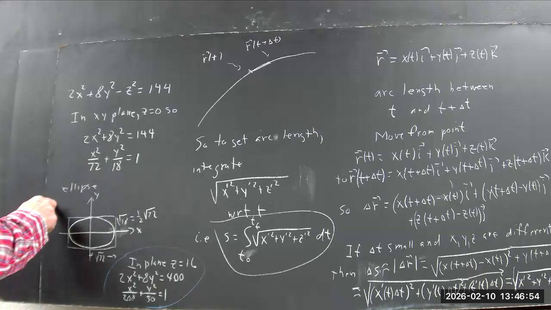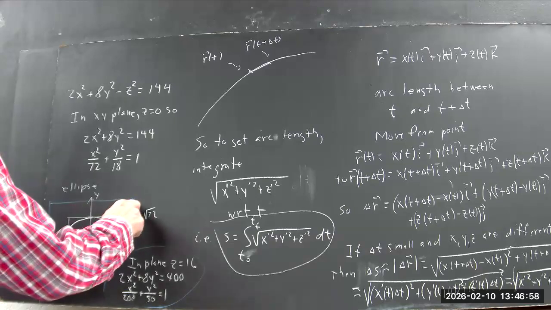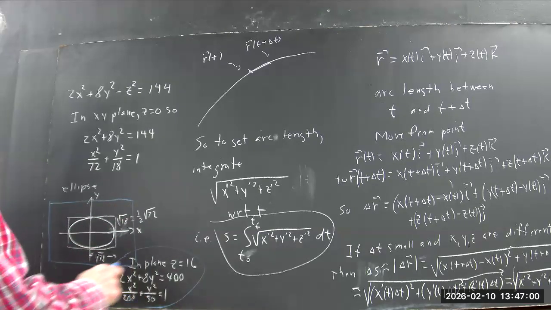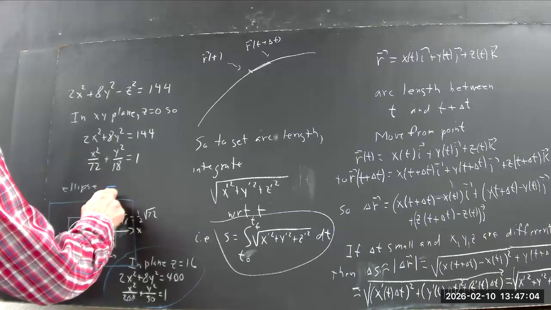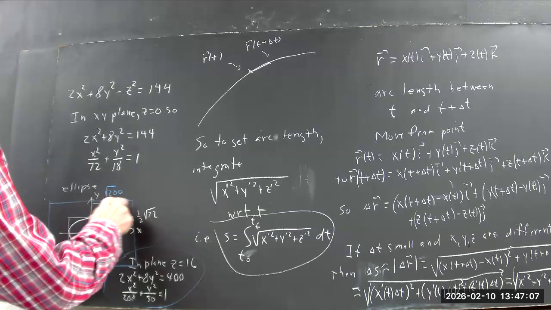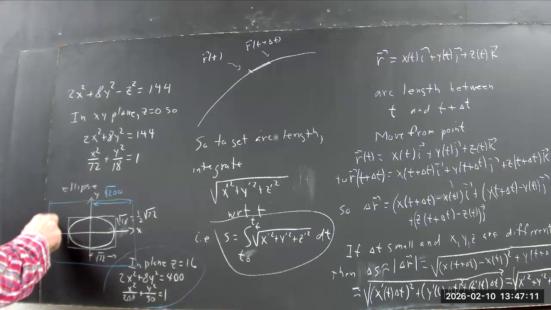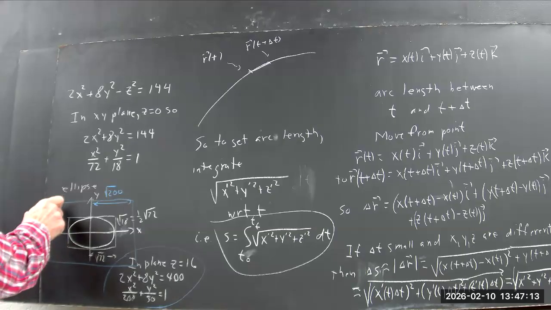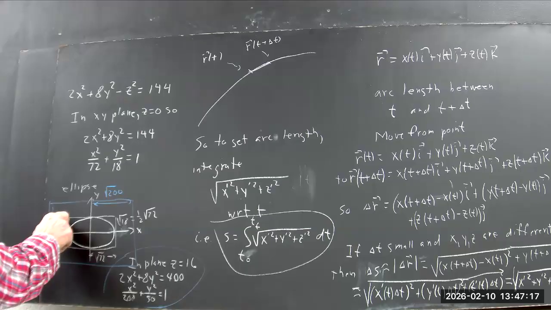So I can draw a bigger rectangle where this distance is the square root of 200, and this distance here is the square root of 50.